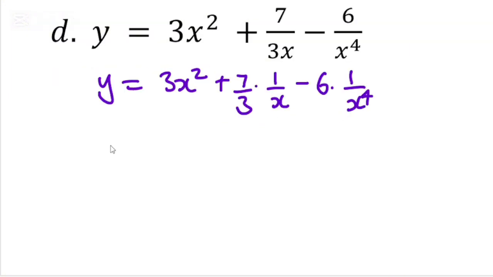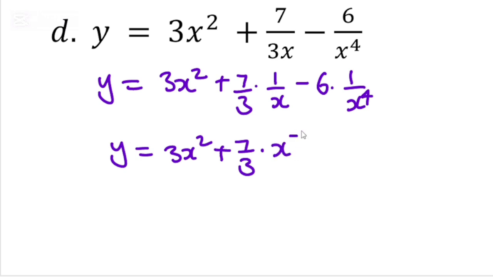So this can be written as y is equal to 3x squared plus 7 over 3 times x to the negative 1 minus 6 times x to the negative 4th power.